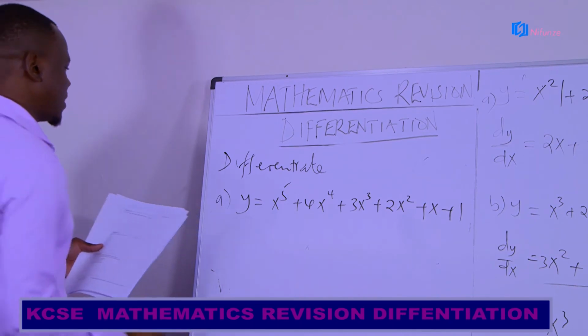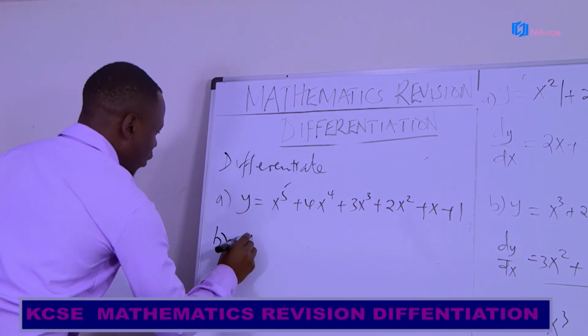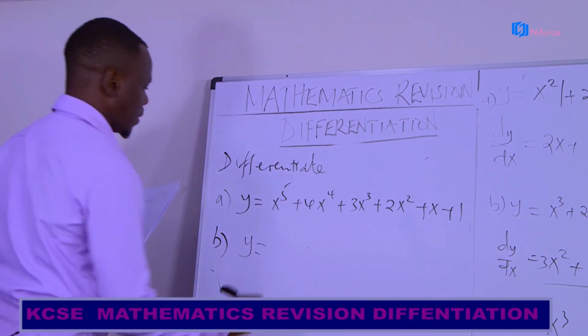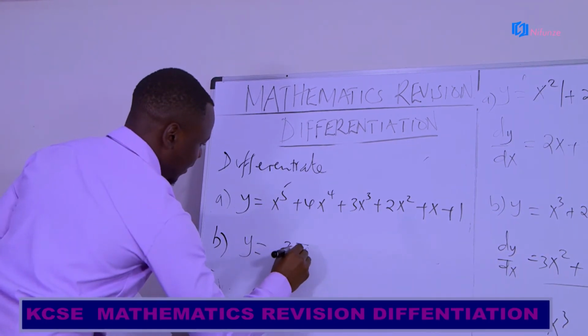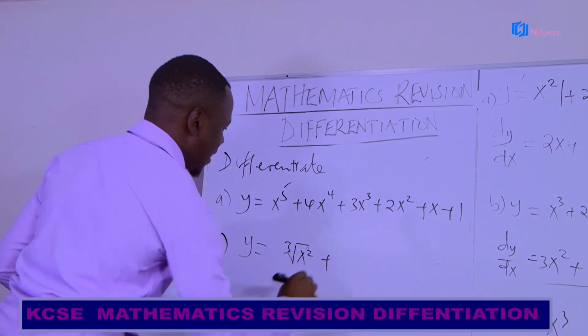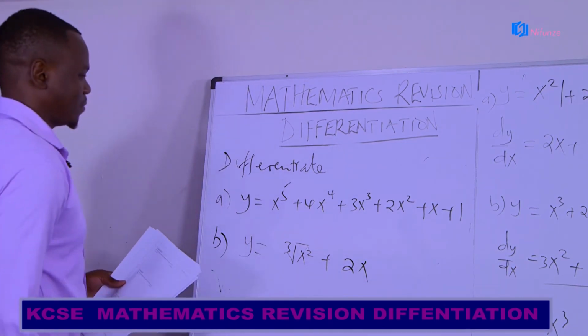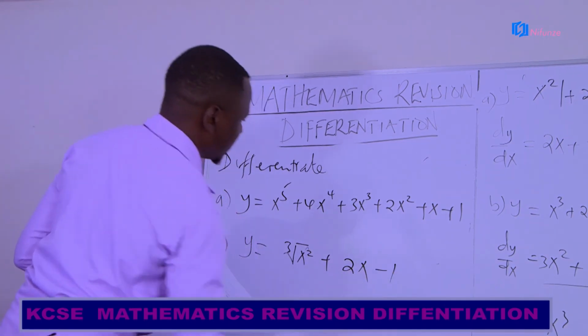So work out that. Then the second one is y is equal to the cube root of x squared plus 2x minus 1.